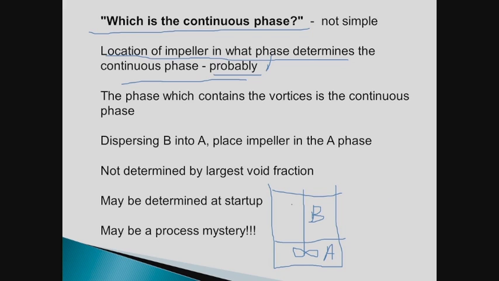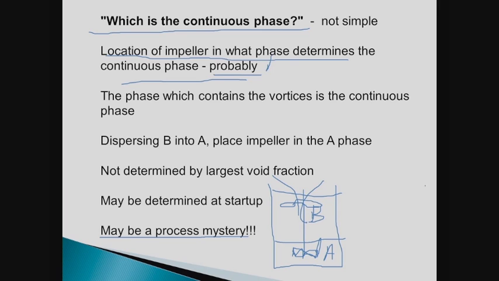Now then, if I put the impeller up here instead of down here, I would expect, first off, that I'd pull in a whole bunch of air, and then I would disperse A into B with the air bubbles. So the question is, which impeller?